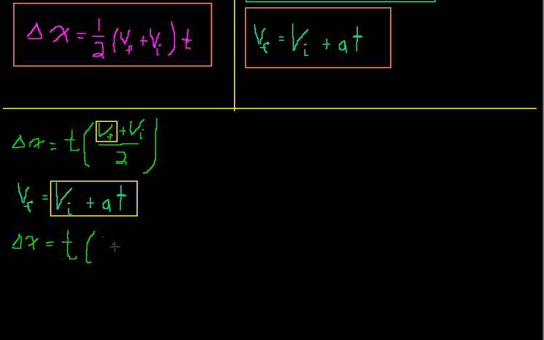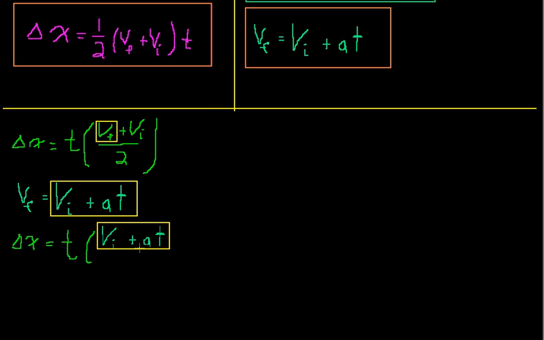How about I literally copy and paste it? Partly because I'm lazy and partly because it may help. So I'm going to copy and paste that here. See if I can make this smaller without making it look terrible. Didn't really work. Oh well. Vi plus at, right? Because that's just what this is right here, in that yellow box. It's the same thing. Keeping it consistent.